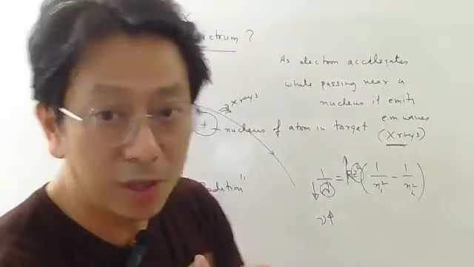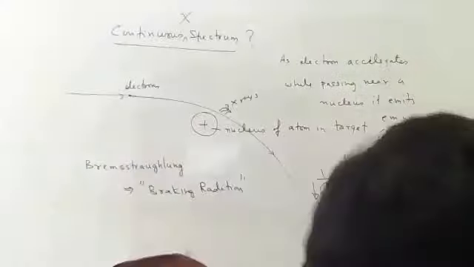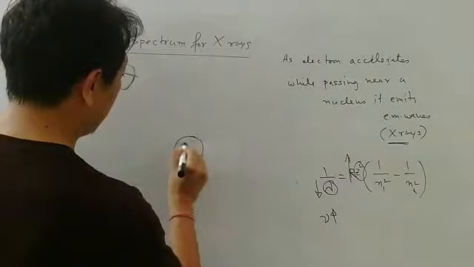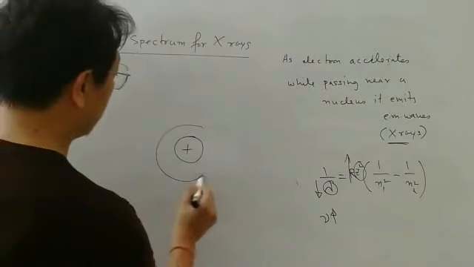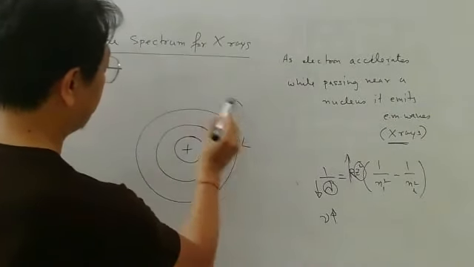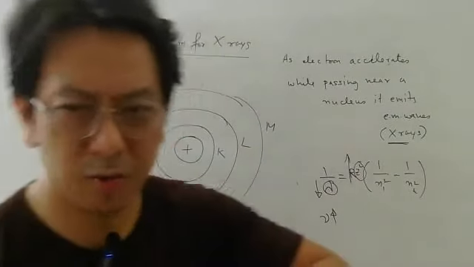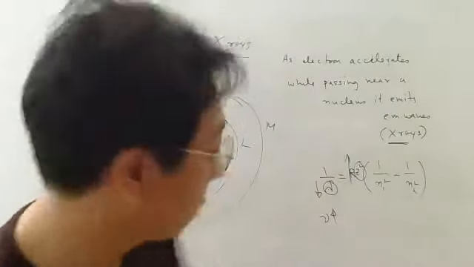So now we will study quickly the cause of line spectrum. Imagine this is your nucleus of the target atom and it has this K shell, L shell, M shell, and many more, because there are so many electrons, as we have chosen a high atomic number element.